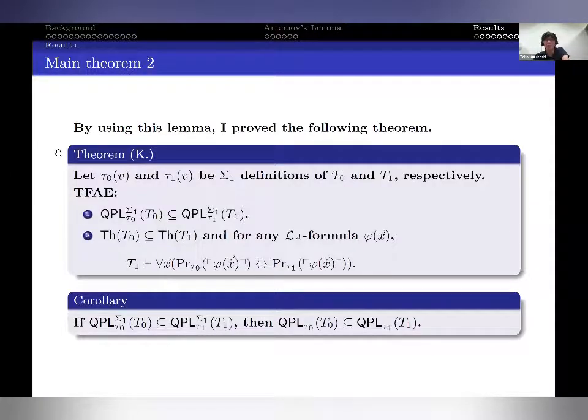By using this lemma, I proved my second main theorem.